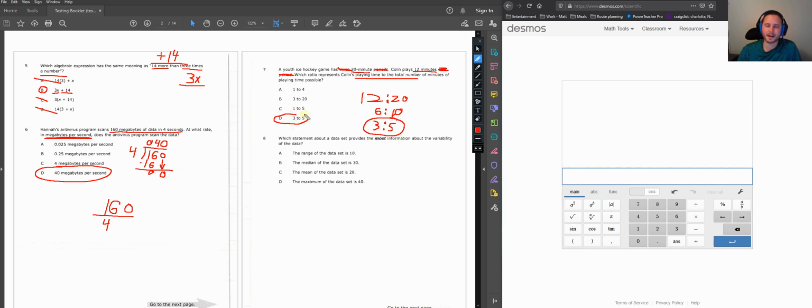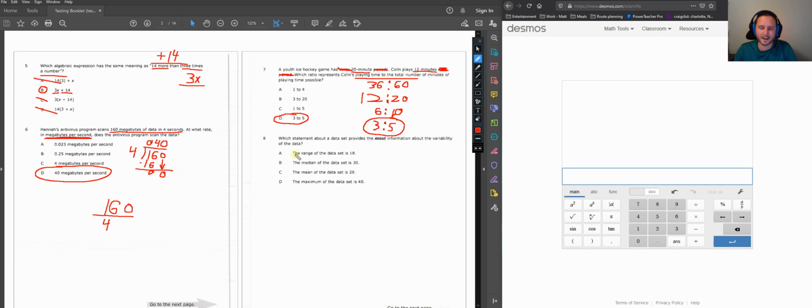Now, if you actually did multiply these, if there were 3 20-minute periods, that'd be a total of 60, and 3 times 12 would be 36. You could still do this. 36 to 60 should still simplify to 3 to 5. It just might have taken you a bit longer, and because you're starting with larger numbers, it's easier to make a mistake. So read carefully with ratio problems.